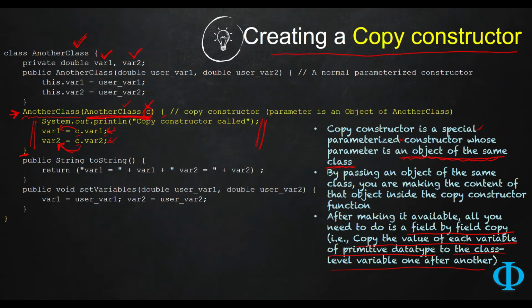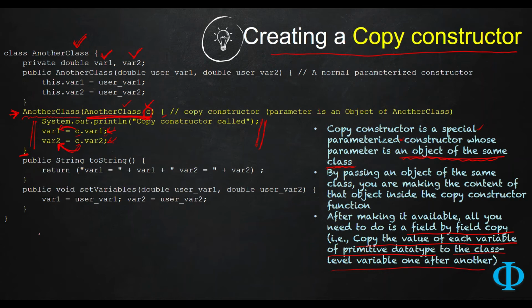After doing this, each field of C is being copied into the class level variables var1 and var2. Now what will happen whenever you create another object of the same class?